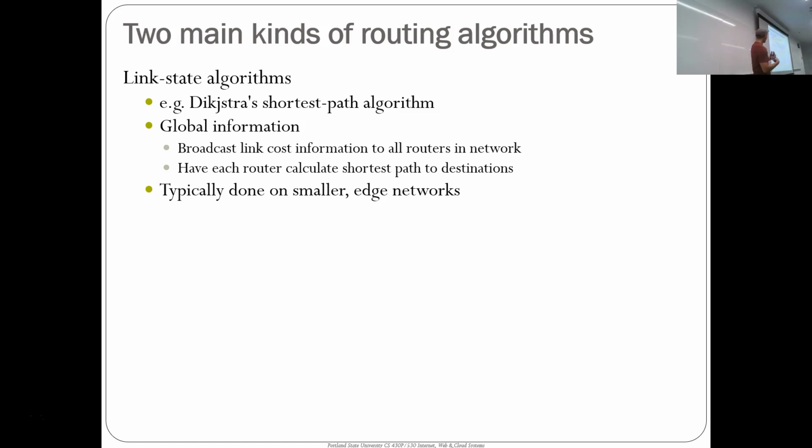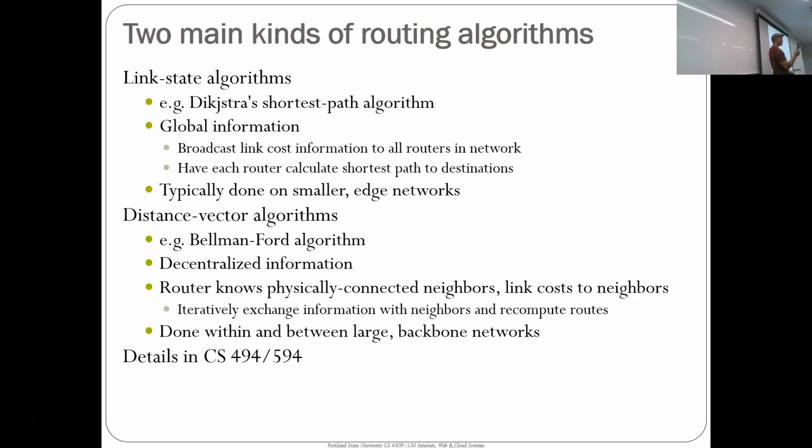And this is sort of an iterative algorithm for taking this global information and being able to calculate shortest paths to each of the destinations in that graph. Okay? And this is typically done on edge networks. So for example, Portland State does a Dijkstra-like algorithm within its routers. The last I checked. The other kind of algorithm is the distance vector algorithm, and this is a gossiping algorithm.